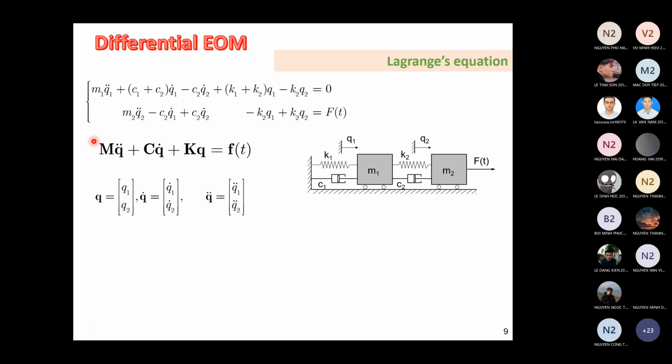So the matrix M, matrix C, and matrix K should be of size 2 multiplied by 2. Sorry, it should be like this. Sorry for my bad handwriting, because I changed the computer and I'm not used to it.